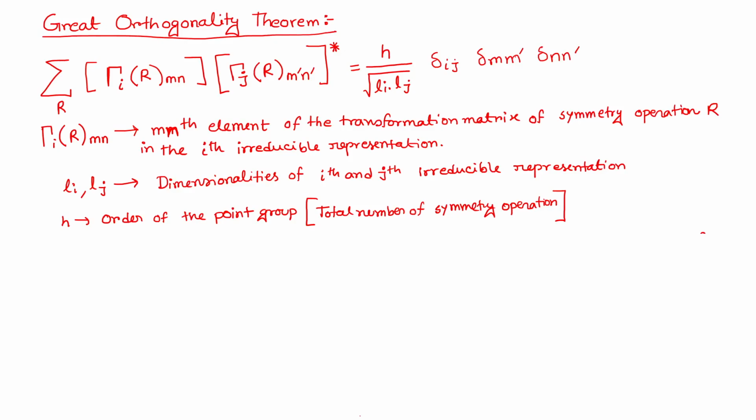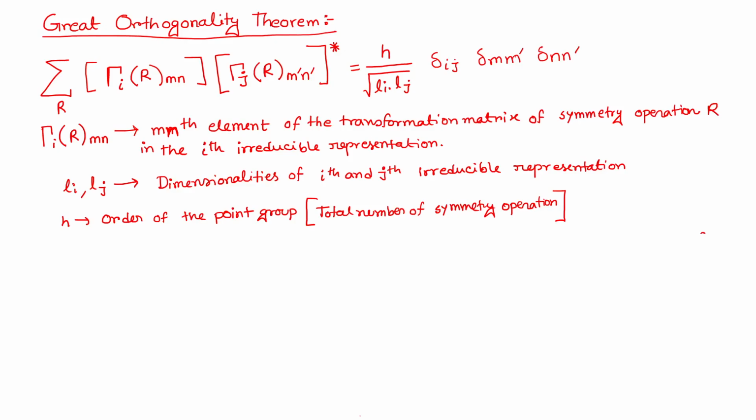Now, what are li and lj? li and lj are the dimensionalities of the ith and jth irreducible representations. For a one-dimensional irreducible representation, li would be 1. For a two-dimensional one, it is going to be 2, and for a three-dimensional one, it is going to be 3, and so forth.